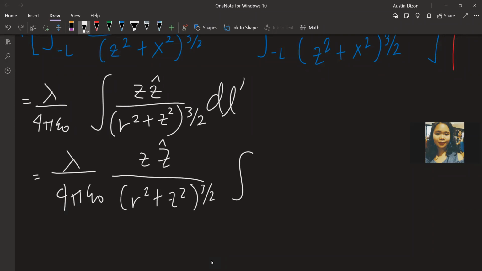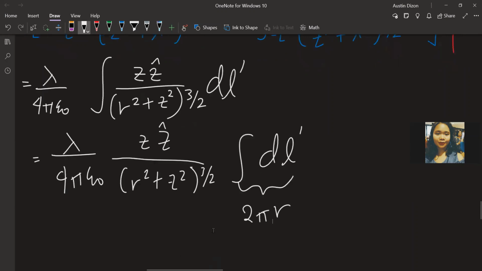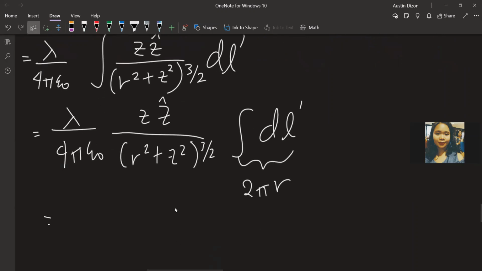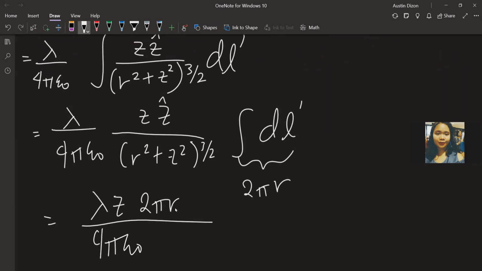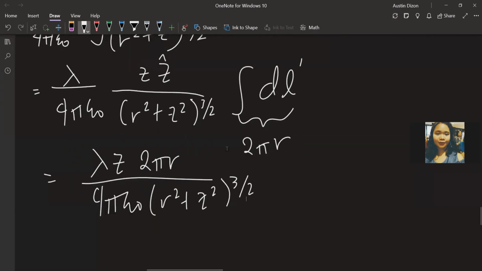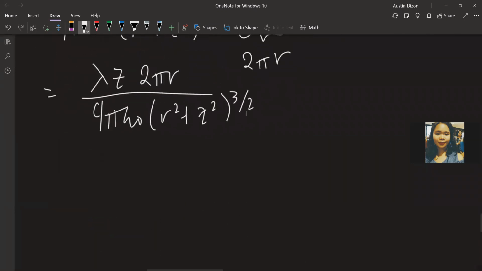And I'm left with this integral, and we know that this integral is just 2 pi R. Okay? So the result is lambda Z 2 pi R over 4 pi epsilon naught times R squared plus Z squared to the 3/2. Okay. Ayan. So that ends our class.